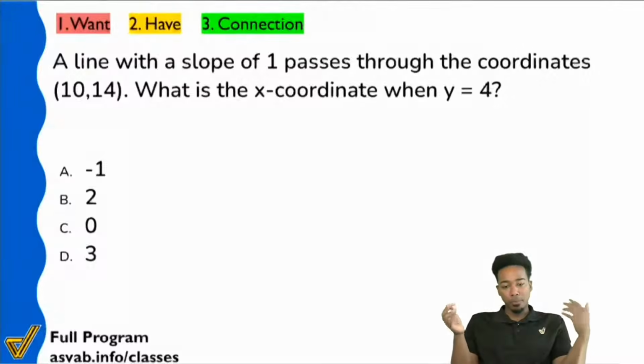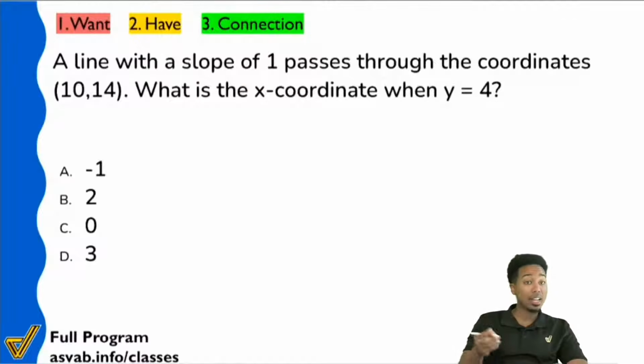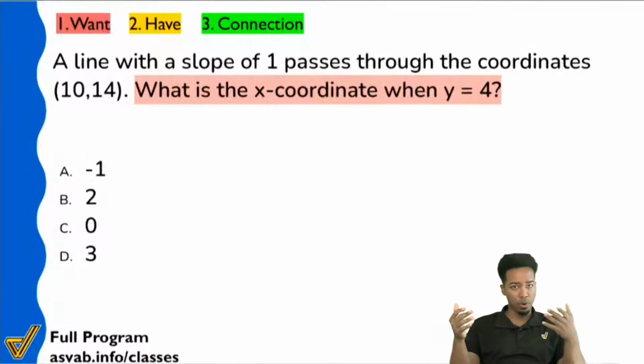So, my party people, from this question, whether it's a word problem or not, you always want to understand what the question's asking you to figure out. And the first thing you want to do is exactly that. Let's read the question. It says, what is the x coordinate when y equals 4.